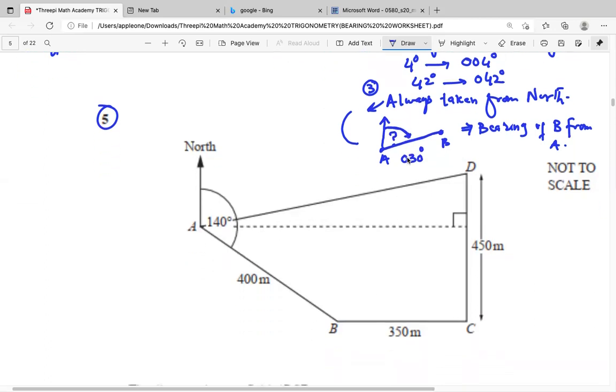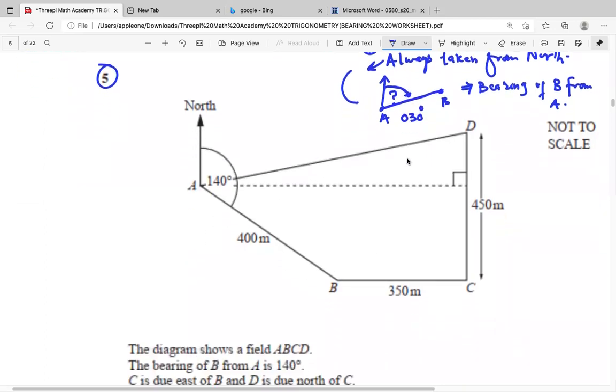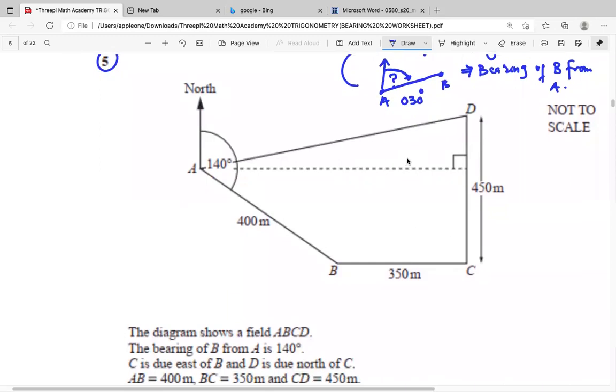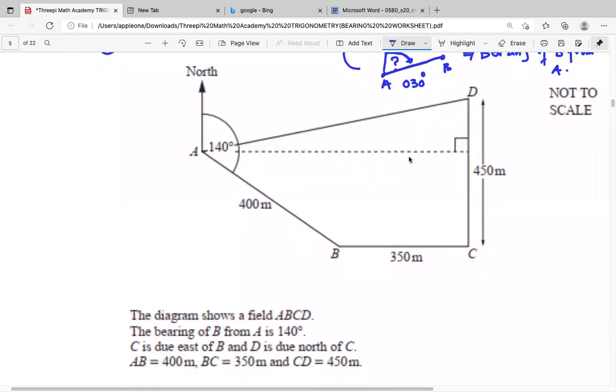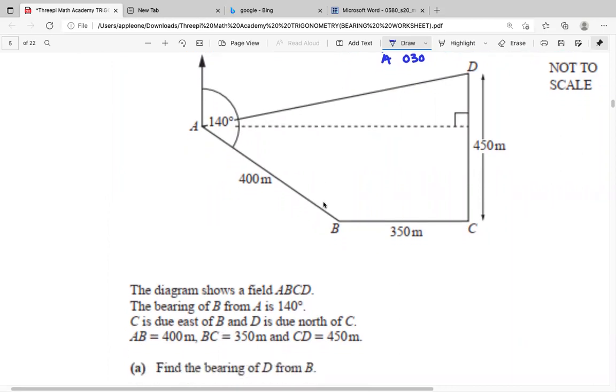I already discussed this in the previous lessons. Now this is the third question I'm doing in this third lesson. The question says that the diagram shows a field ABCD. The bearing of B from A is 140 degrees.